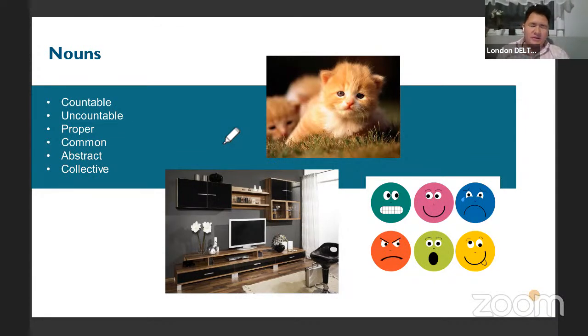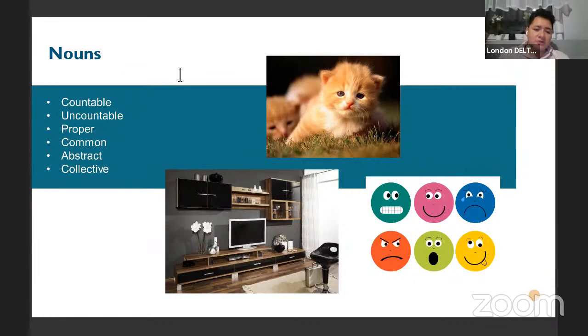Okay, we said that the nouns are everything that exists, son todo lo que existe, right? So nouns can be some things you see, but there are other things that you don't see that receive a name, like some concepts.